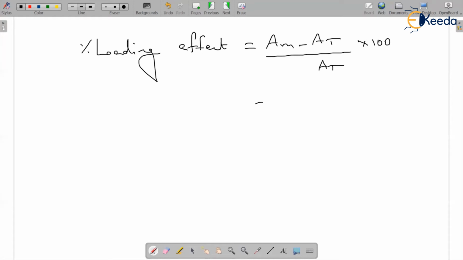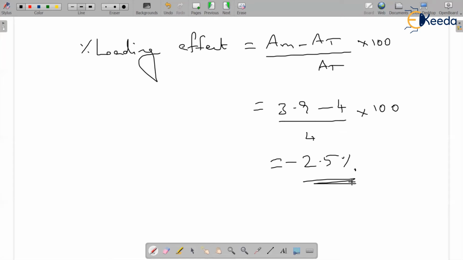So this is 3.9 minus 4, by 4, into 100. This gives minus 2.5 percent.